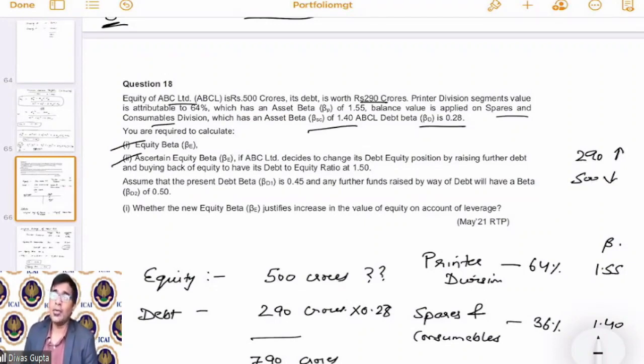Ideally equity shares go down only in case of a buyback, where the company buys back the equity and pays the money to the investors. So this is that kind of a situation.